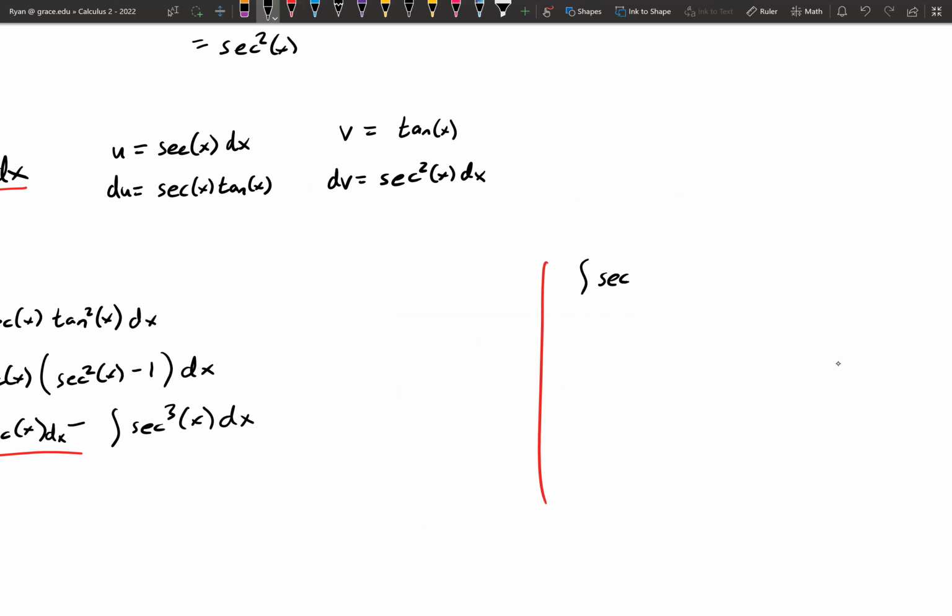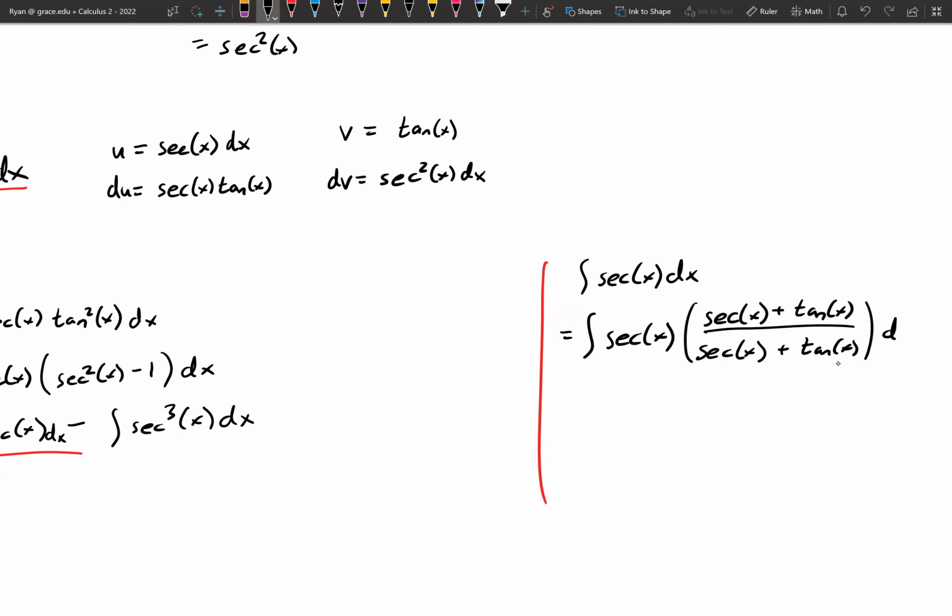Integral of secant of x dx is equal to the integral of secant of x times secant of x plus tangent of x over secant of x plus tangent of x dx. That's the trick for doing this integral.